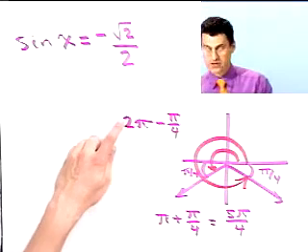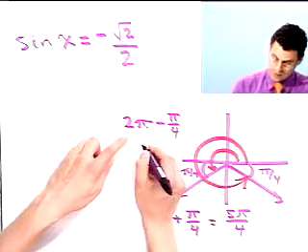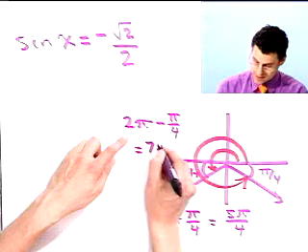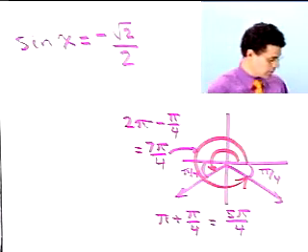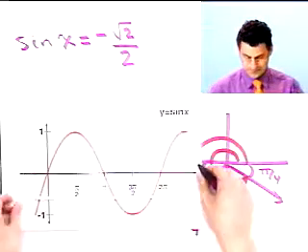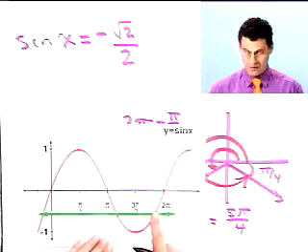Well, 2 pi is actually 8 pi over 4. So minus 1 would be 7 pi over 4. So that huge angle is actually 7 pi over 4. That's the second solution we found here. That must happen at 7 pi over 4.